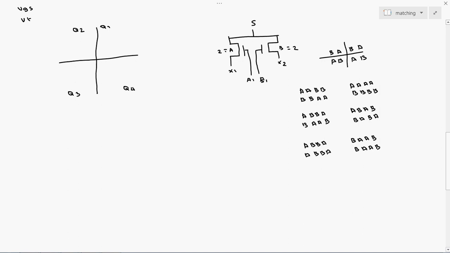Based on the frequency and the transistor performance, we decide which pattern is best. As per my knowledge and experience, this pattern is the best pattern, and this pattern also we can go for: AB, BA and BA, AB.